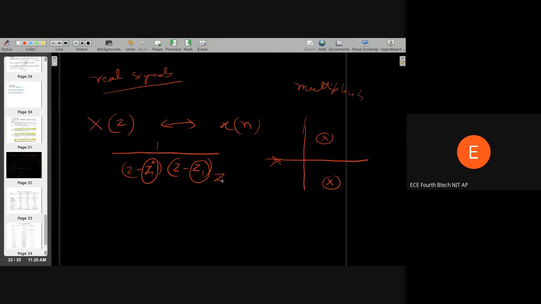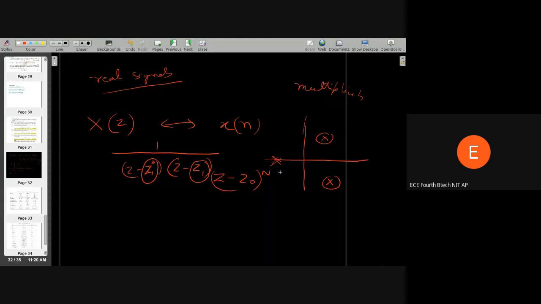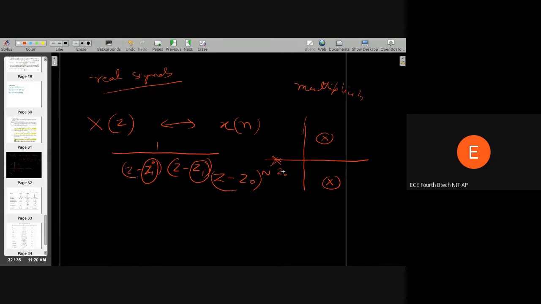So you could have some z minus z naught to the power n. That means there are n poles there at z naught. A similar case holds true for zeros as well. You'll have conjugate zeros and zeros of multiplicity many orders. So that's how it is.